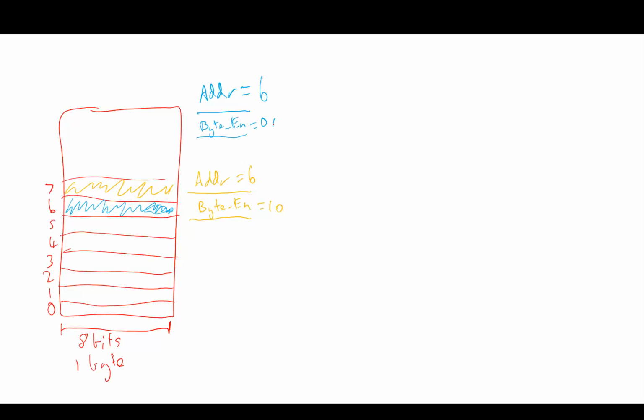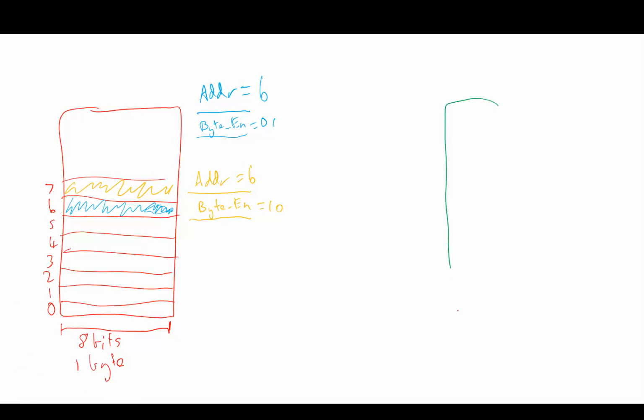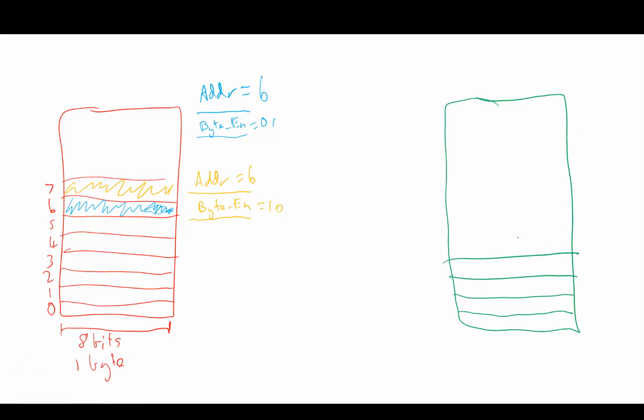Now, for the SRAM chip, the addressing is actually half-word addressing. So each location in the SRAM chip is 16 bits. So this is 16 bits, 16 bits, and so on, 4, 5, 6.